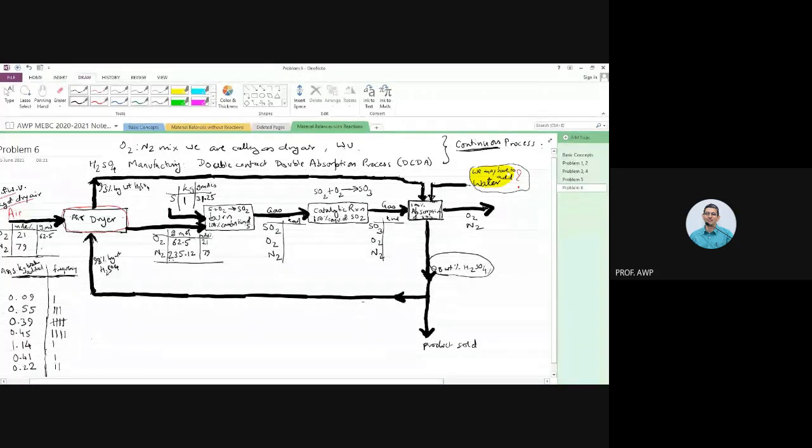Now, 62.5 gram moles, we can convert this into kgs as well. 62.5 gram moles would be 62.5 multiplied by 32 grams, the molecular weight of oxygen. This will become 2000 grams. So this becomes 2 kgs.